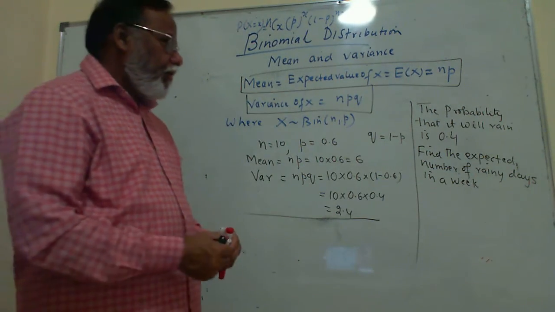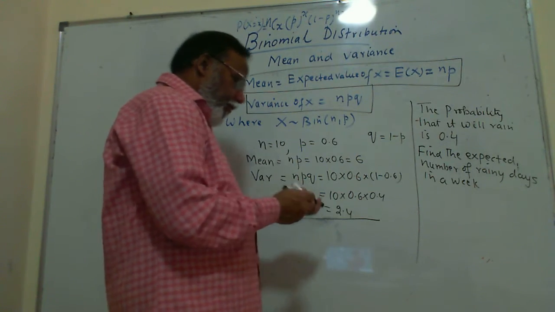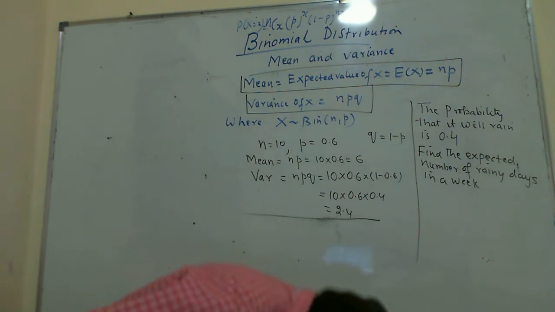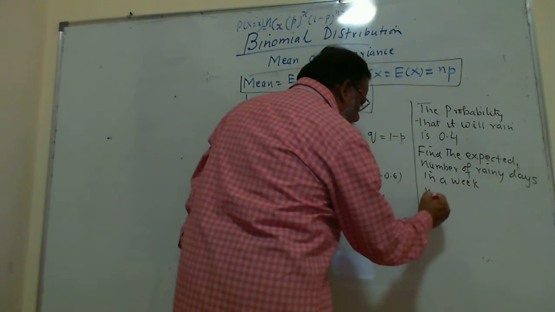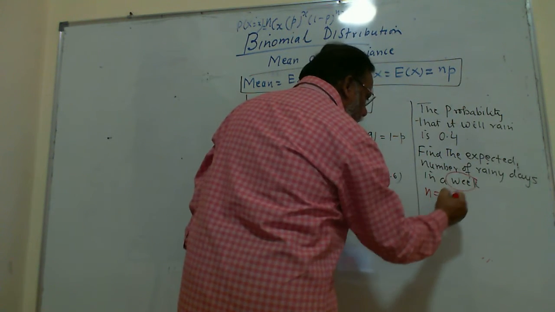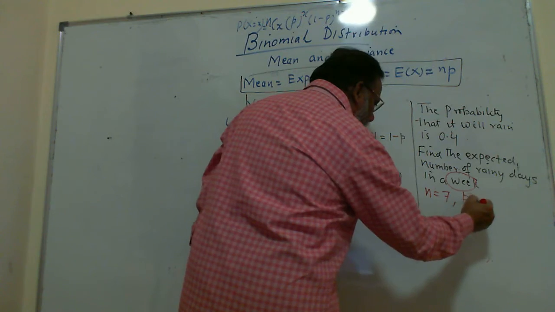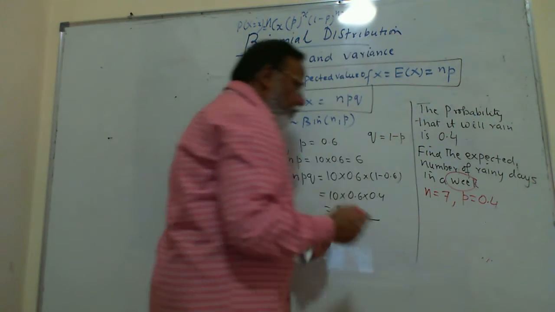So how will we do this? Expected number of days means I will have to find the mean here. So n for me is 7, since it is a week, and p is given to be 0.4.